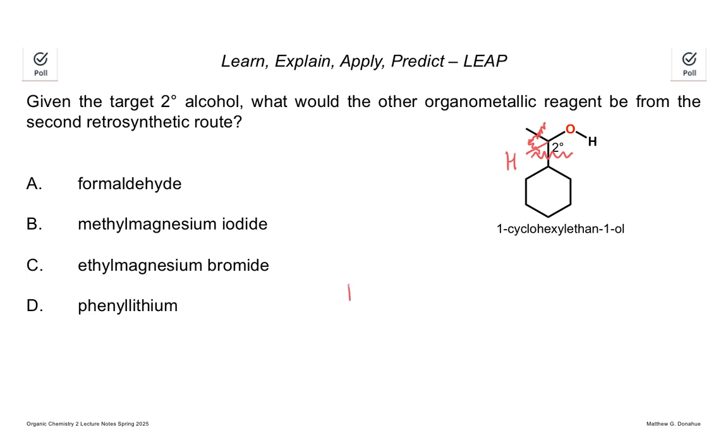So if you start with that aldehyde, because it has the H, it has the cyclohexane ring, we need to add a CH3 group. So this would be B. So CH3, we'll say we're going to use the lithium reagent.